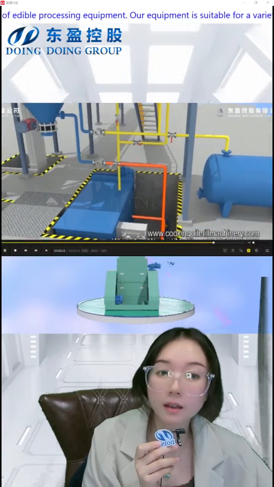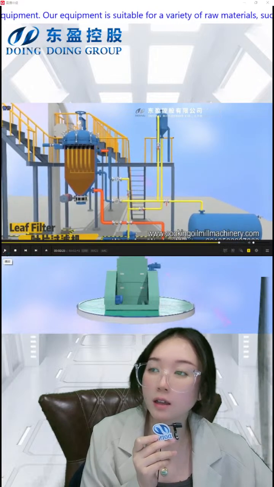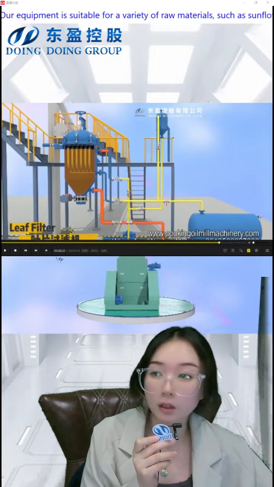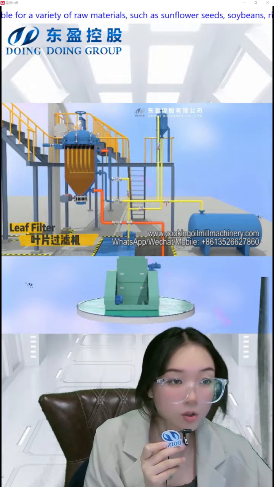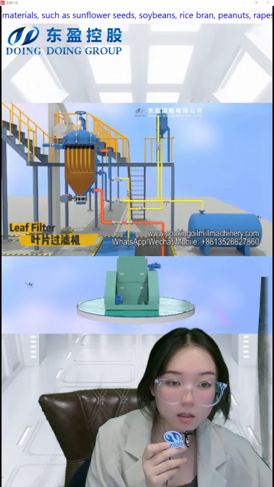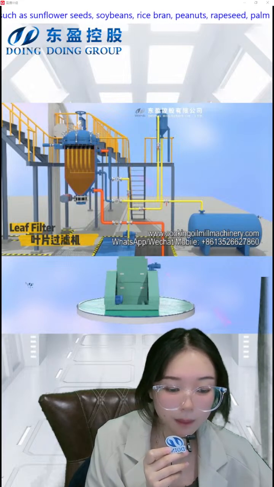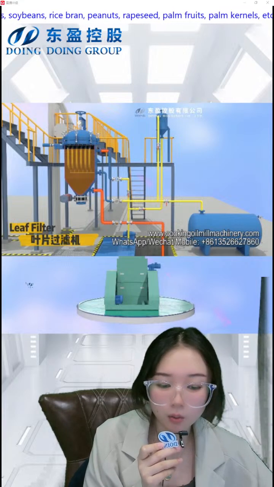And the second machine in our filter section is the leaf filter, specially designed for large-scale production lines to filter out small impurities in the crude oil.